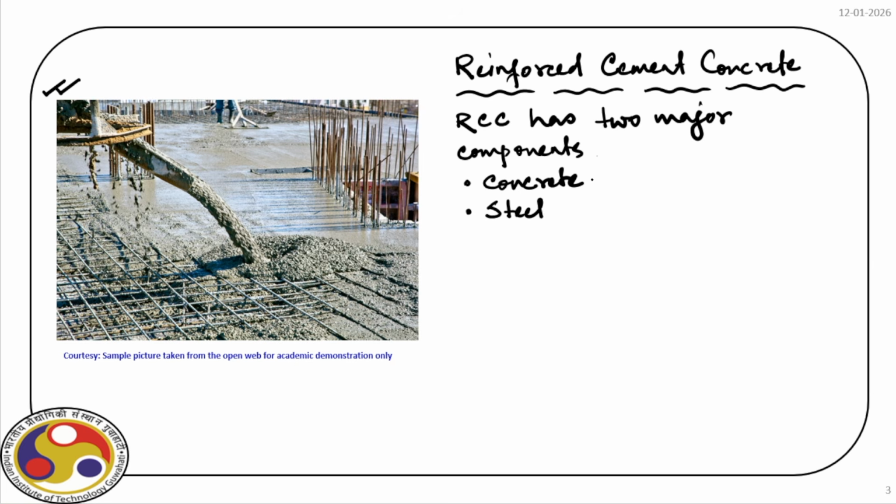So before we start our design of RCC structure, let us quickly go through what are the different components of this concrete and what are the behaviors, stress strain behavior of these two materials so that we can use them in our design, right? So first is cement concrete.